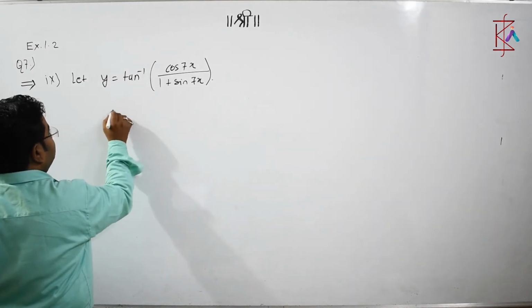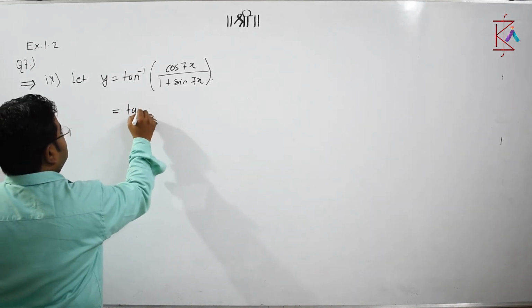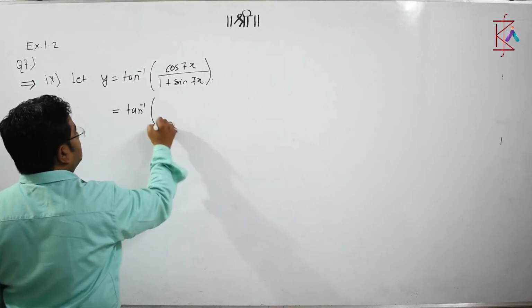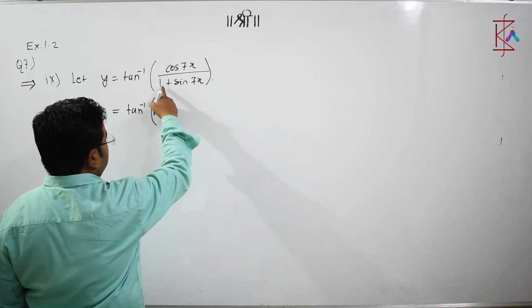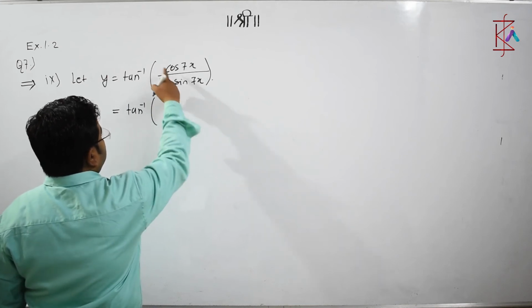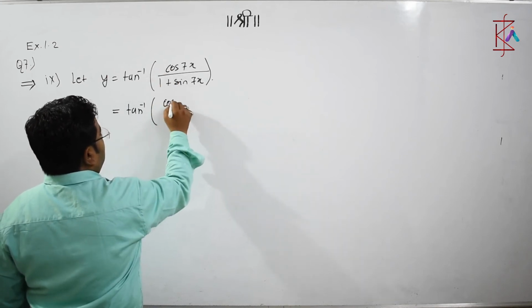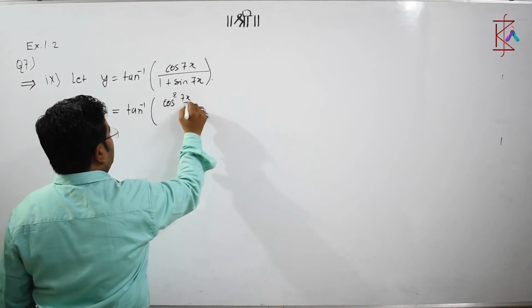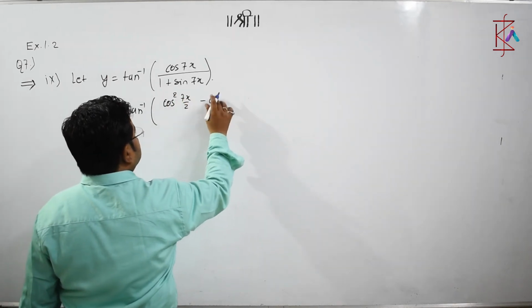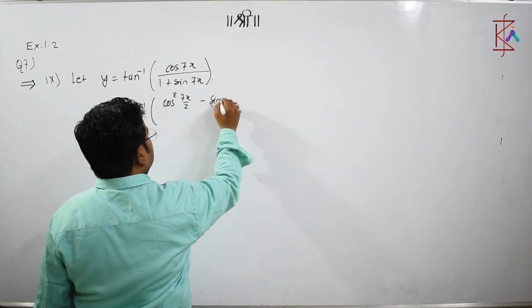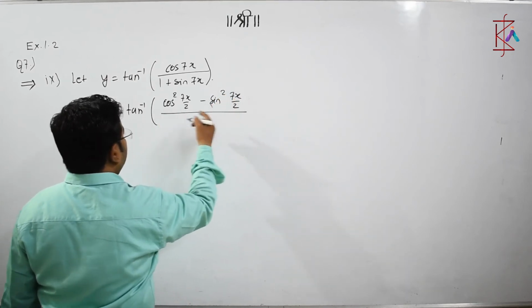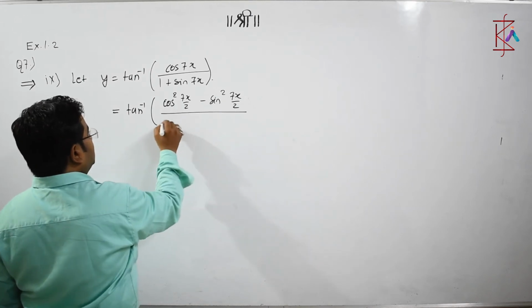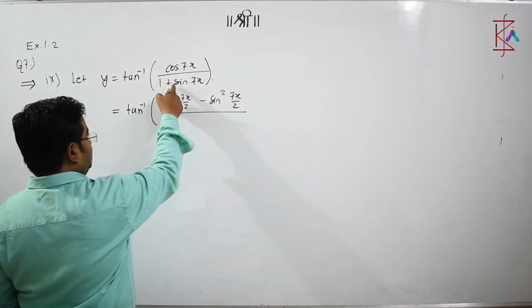How can we put it? Just look at it. So tan inverse of, this is an important case. For this bracket, cos 7x is nothing but cos square(7x/2) minus sin square(7x/2). That is the formula of that identity. Now next step, we need to perform this again.